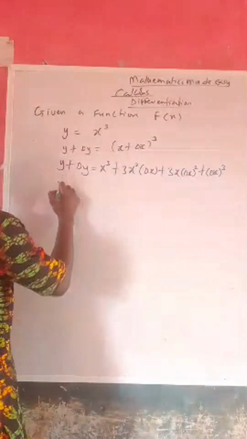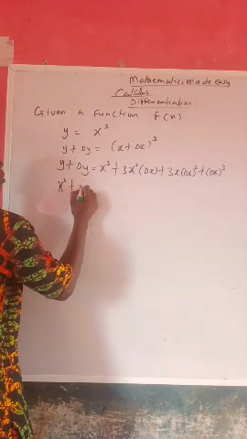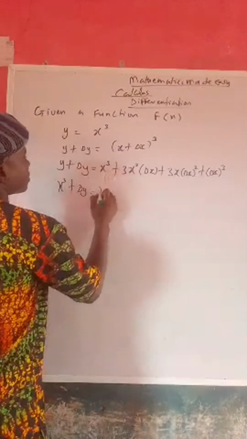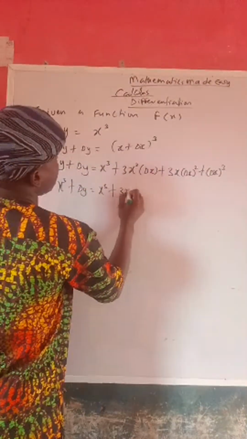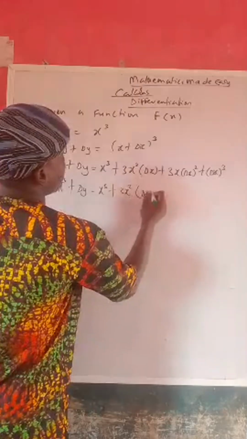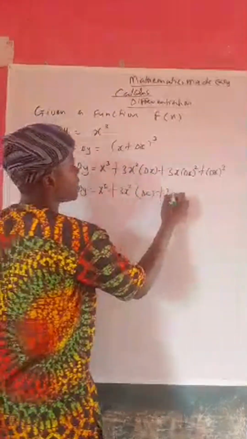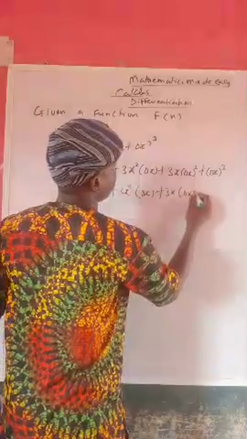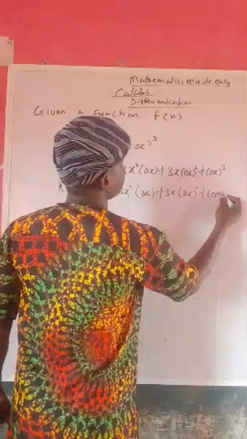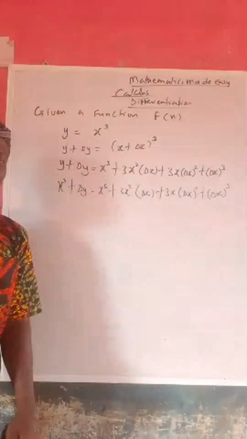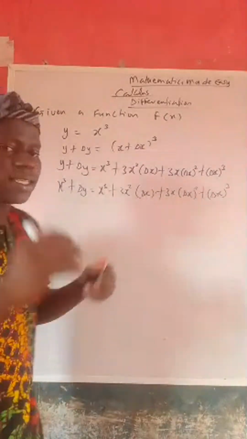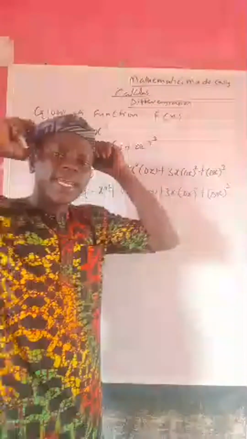So we do that, we have x to the third power plus increase in y equals x to the third power plus 3x to the second power multiplied by increase in x plus 3x multiplied by increase in x to the second power plus increase in x to the third power. Are we getting it? So the next thing we are going to do is to subtract x to the third power from both sides.